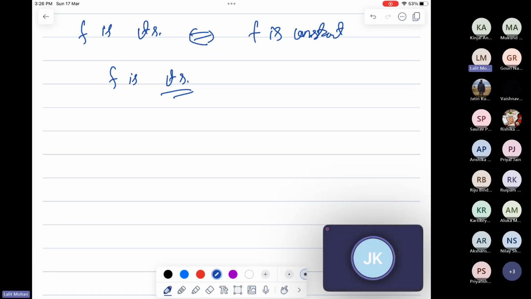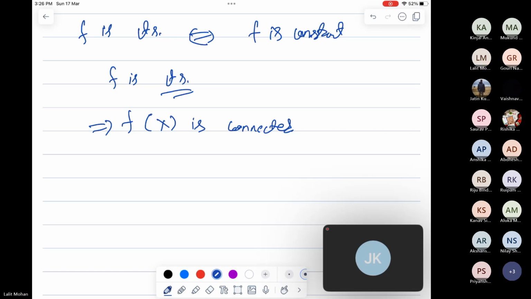So since X is connected, f(X) will be connected. And you know that in the discrete metric, only singletons are connected. So f(X) must be equal to some constant; f(X) is a connected set, so it is a single point. So it means that f is constant.